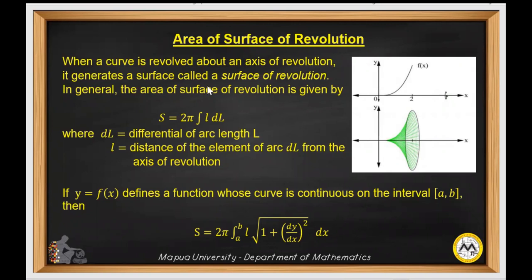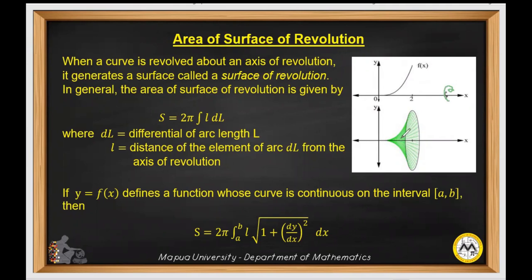Now, if we consider a curve, let us say given by y is equal to f of x, and we revolve this about an axis of revolution, let us say the x-axis, then the surface that it generates is what we call the surface of revolution. The green shaded area here is what we call the surface of revolution.